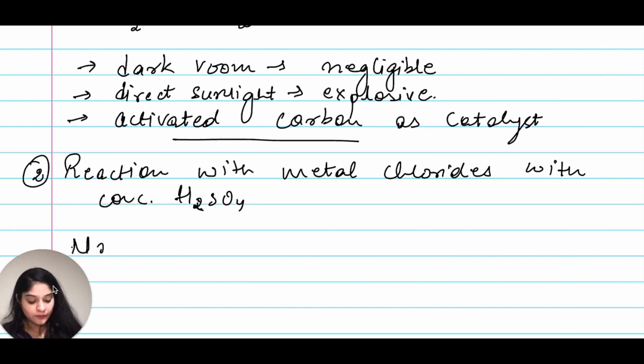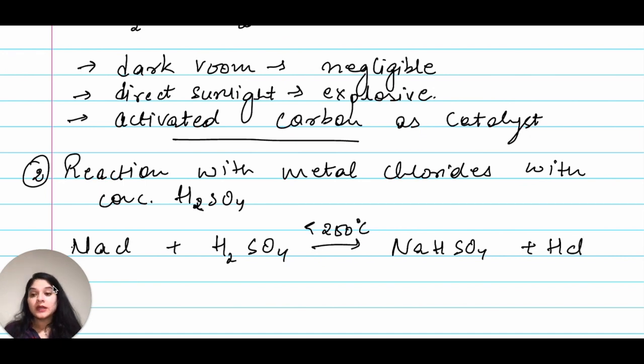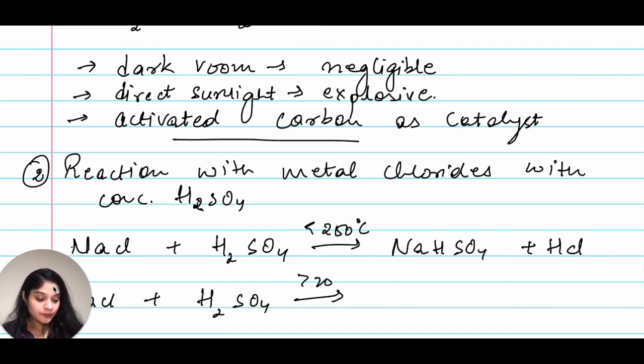So you have NaCl plus H2SO4 at a temperature lower than 200 degrees Celsius, you get NaHSO4 plus HCl. The same reaction can happen above 200 degrees Celsius, NaCl plus H2SO4 at above 200 degrees Celsius. This gives us Na2SO4 plus HCl.